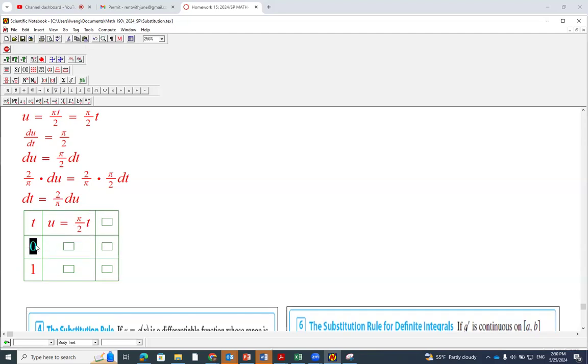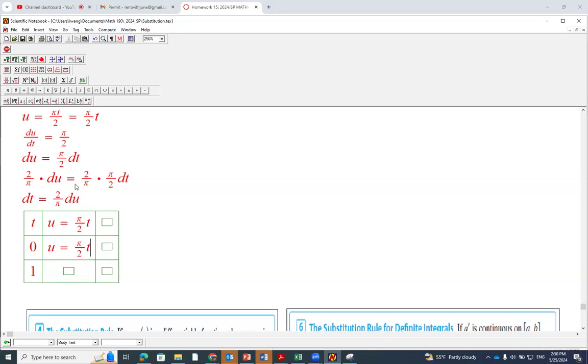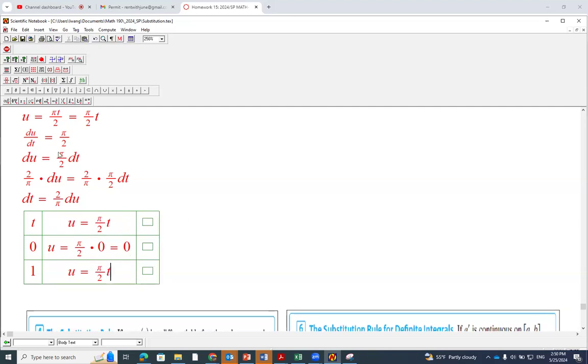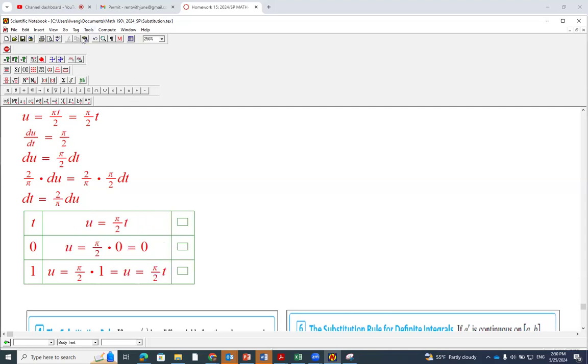So when t equals 0, we plug into this relationship, multiply pi over 2 by 0, and that equals 0. And for t equals 1, we replace t by 1, so we get pi over 2.